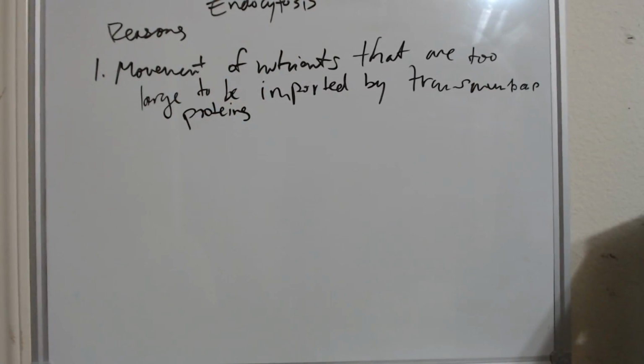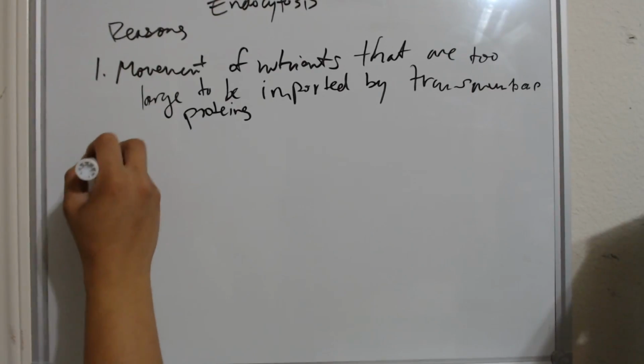That means there are some nutrients that are larger than the size of the pores of the channel proteins, and they can't get in. So the cell will do endocytosis to absorb these nutrients.